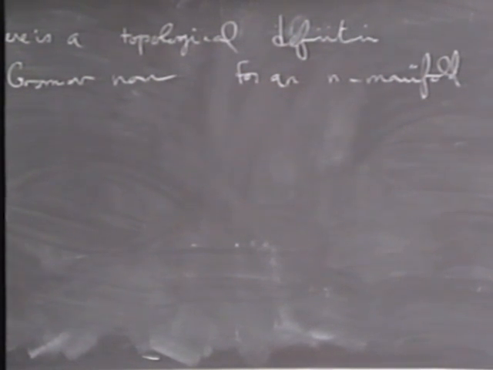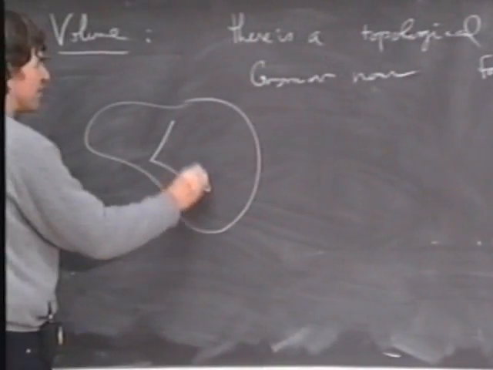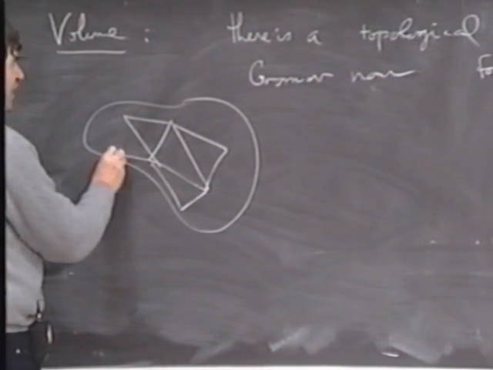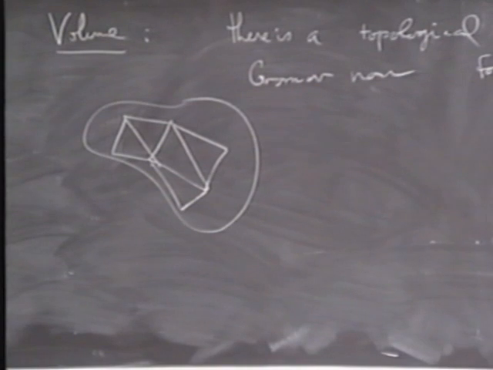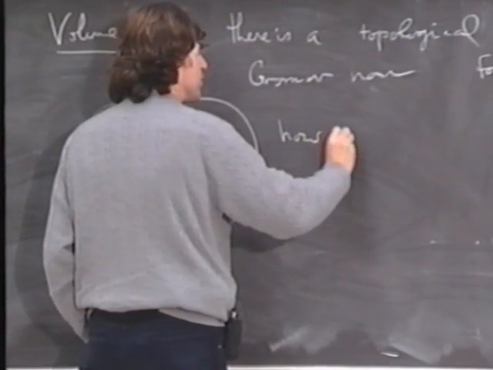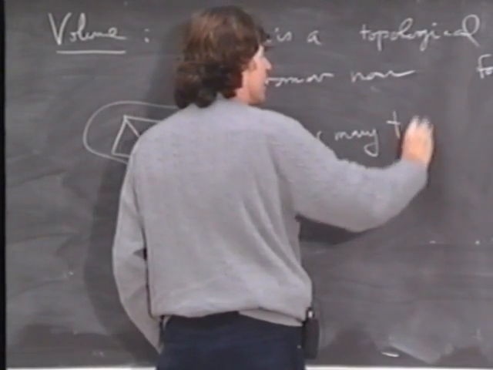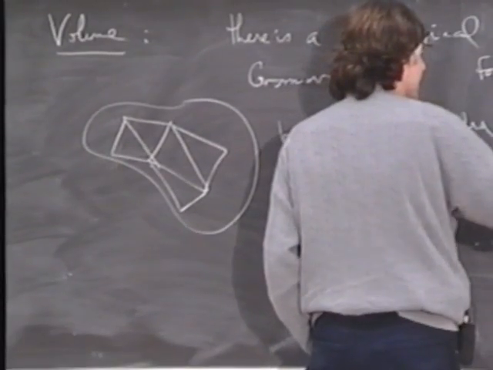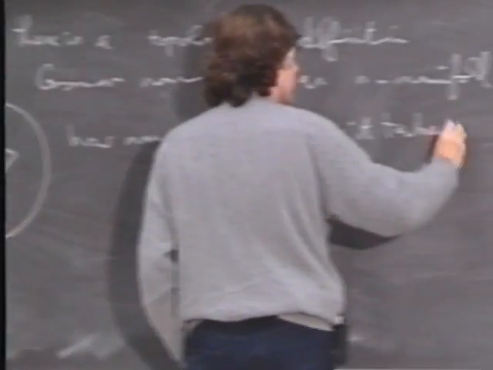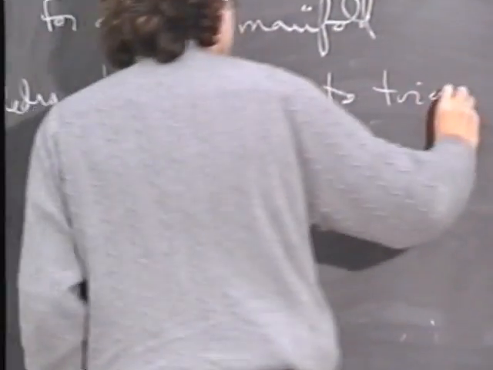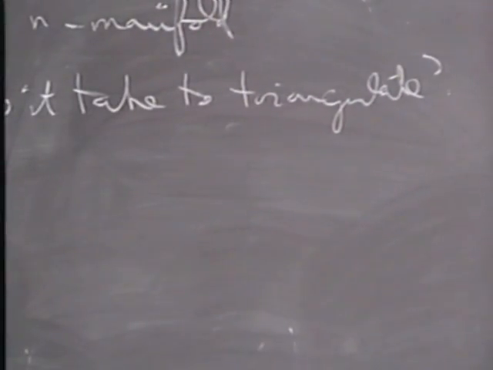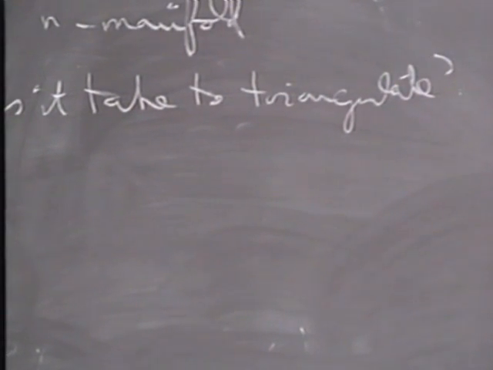You consider the manifold. One definition would be to see how many tetrahedra it takes to triangulate the manifold. And this is an upper bound for the invariant.